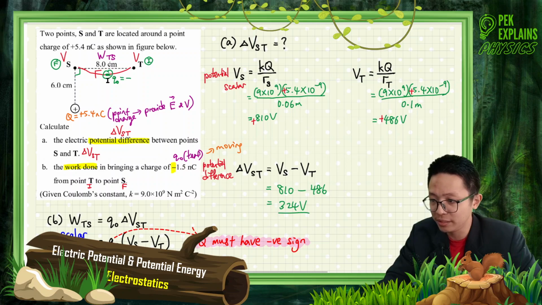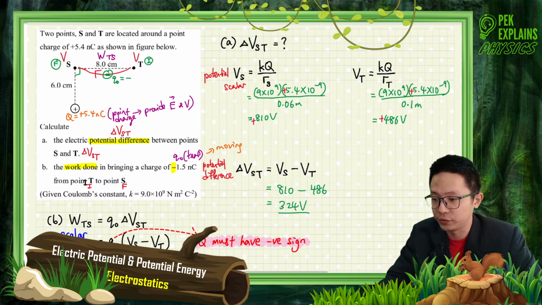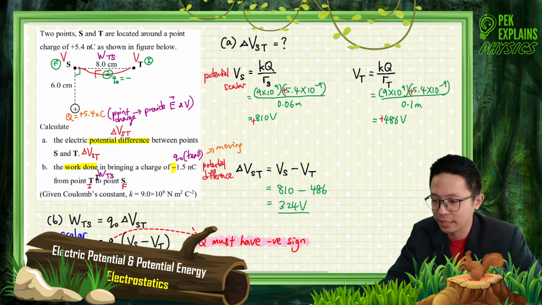About the sequence, TS or ST, how do you decide? Look at from what point to what point. This one says work done from T to S. So we write WTS.